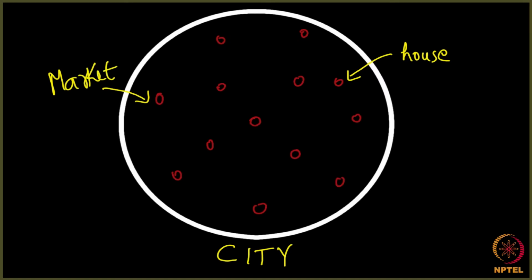Now you want to go from your house to the market. Of course, you can take your car, but the point is you would like to use public transport. There are, let's say, hundreds of locations here.